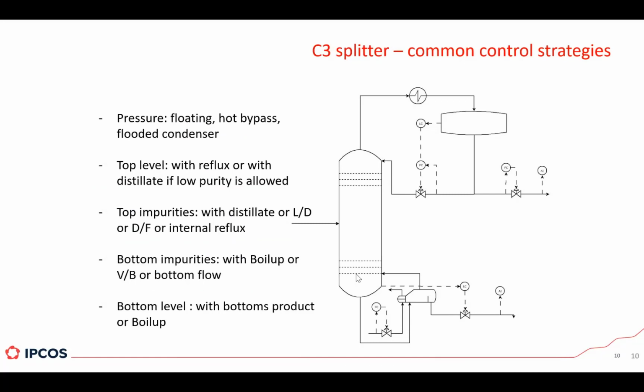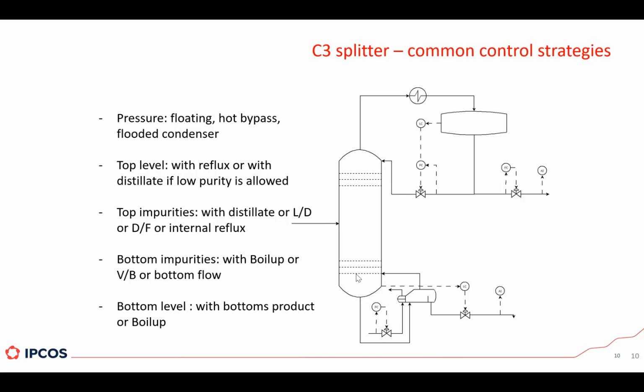So what are the common control strategies for a distillation column? So typically when you control your pressure, you can have it floating, or you can have a hot bypass or a flooded condenser, or if it's a partial condenser, then you have some venting. For the top level, you can control the level with your reflux or with the distillate, depending on how you manage it.